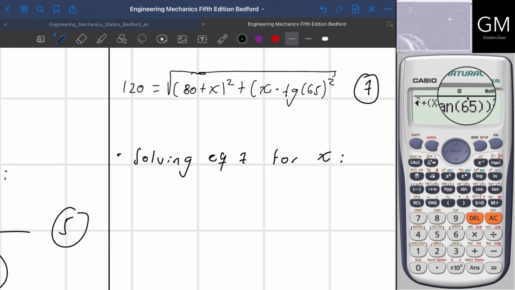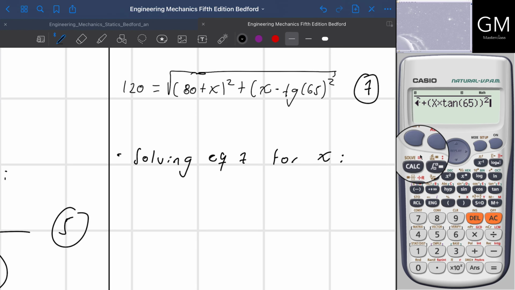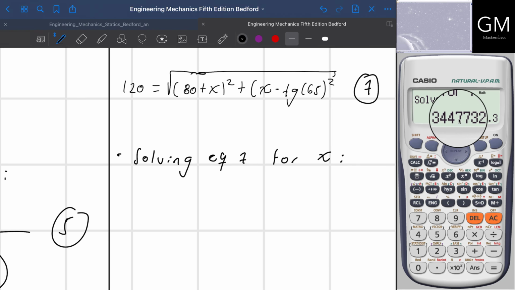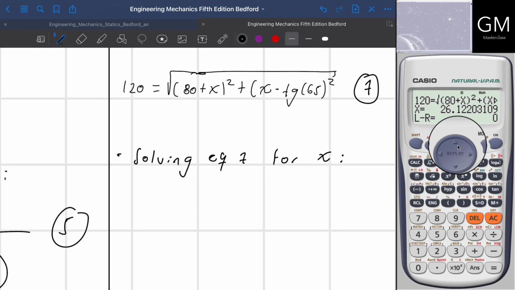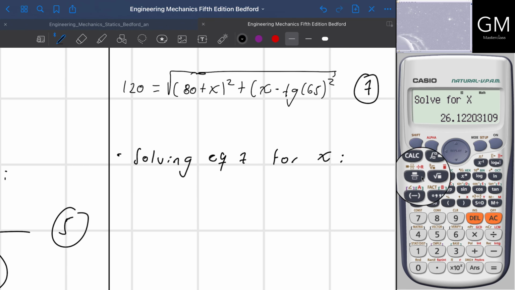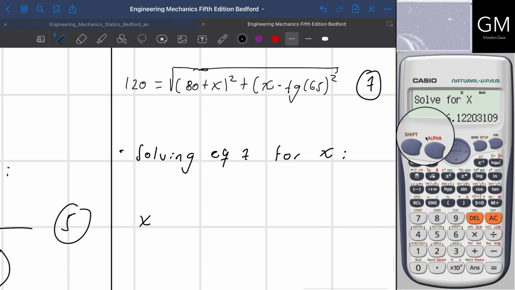I have to check right here that I have the degrees, because I'm using degrees, and then I'm going to press shift and use this option called solve. I'm going to press equal. This is going to solve the equation for me, and x is equal to 26.12203.